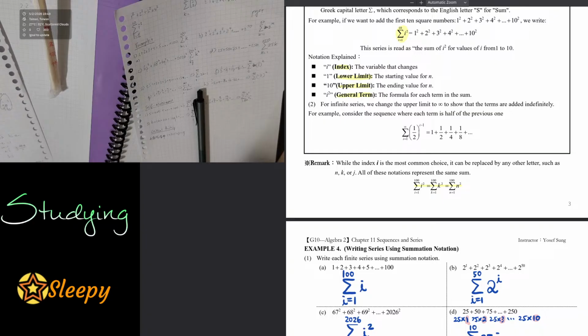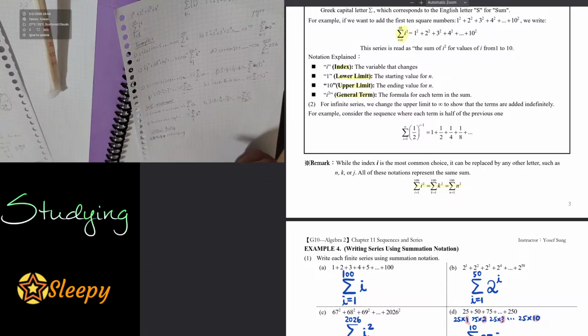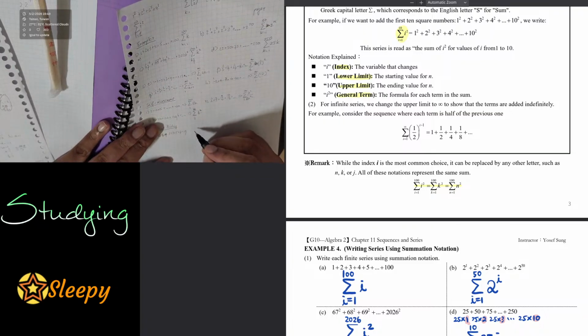So for 1 it's 1, for 2 it's 3. So this is 2n minus 1, right? And then what is the point? It's 100.